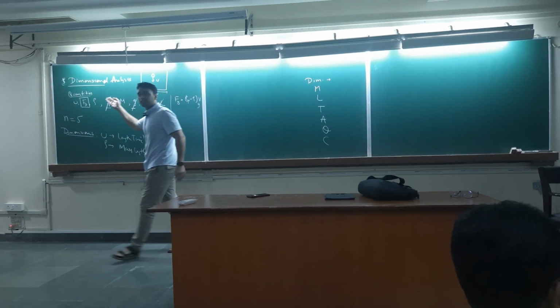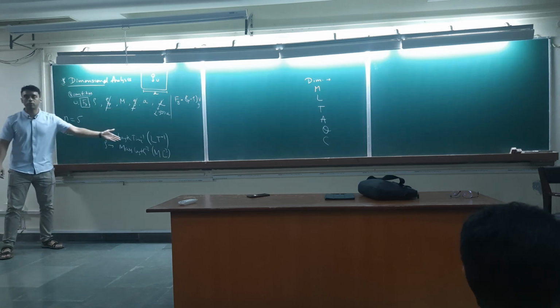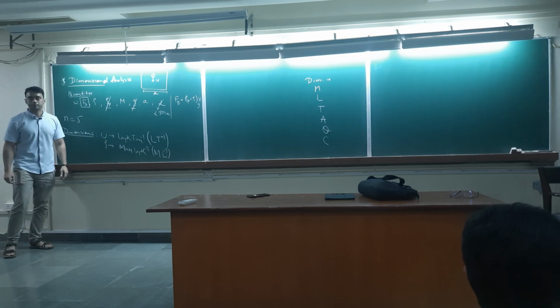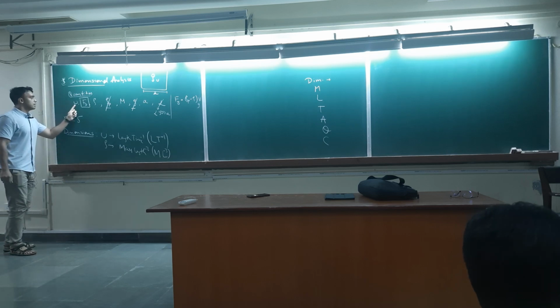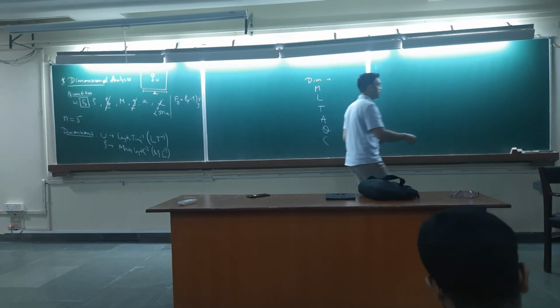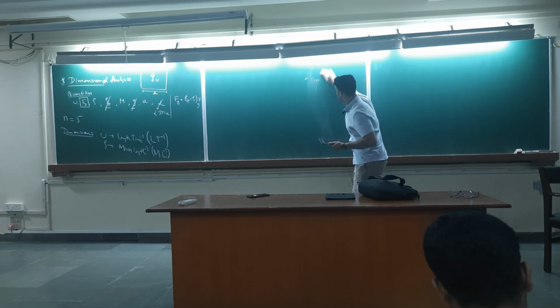Their individual quantities will be made of some combination of these dimensions, and that's what we saw here. So we could write down the dimensions of each of these. Let's write it down. Those who are already aware of this can start writing down the dimensions for all the 5 quantities.